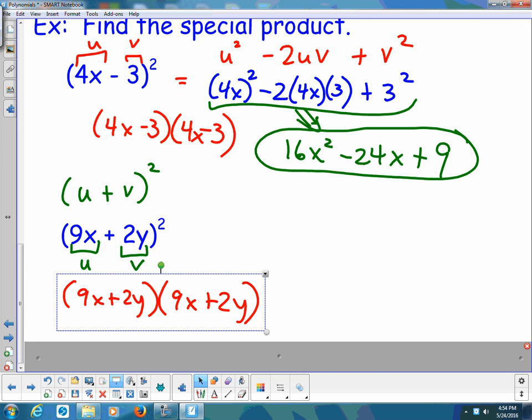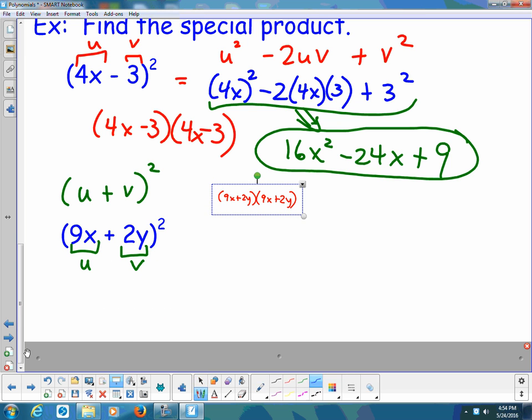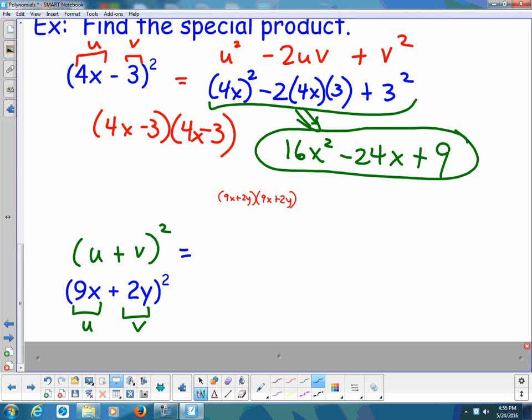So let's get our formula going. If I am matching this up, I know that my pattern is u squared plus 2uv plus v squared. And if my u is equal to 9x and my v is equal to 2y, I'm just substituting those in.